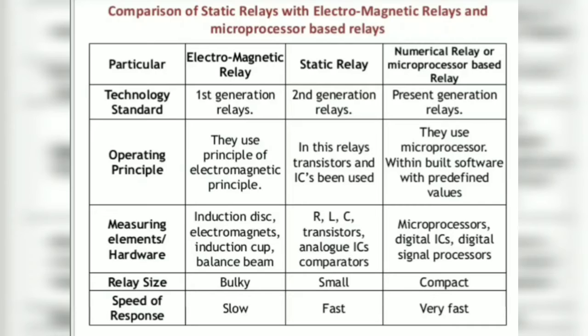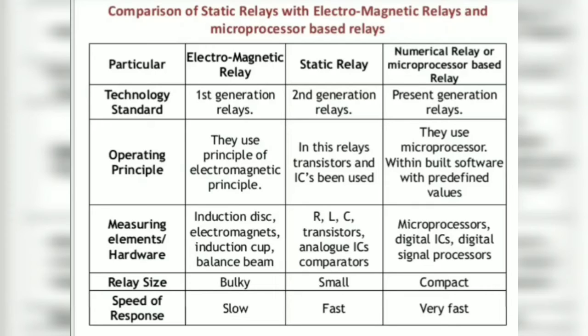The relay size. The electromagnetic relay is very bulky. The static relay has no moving part, so it is very small. But the numerical relay is very compact because the microprocessor size is very small.